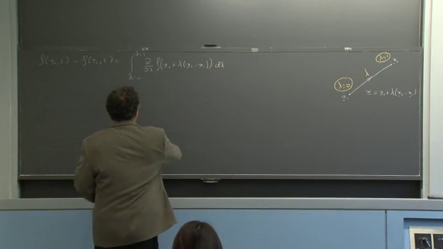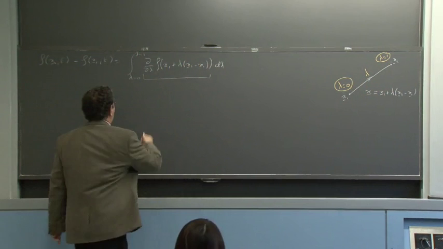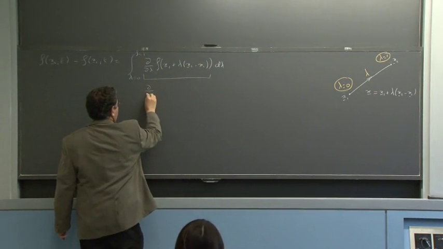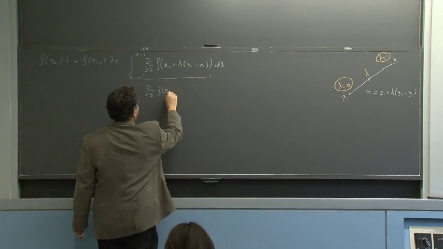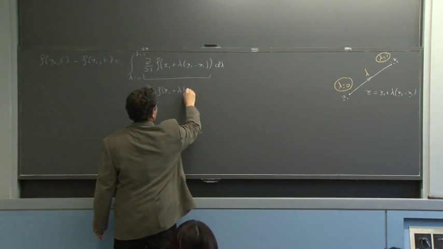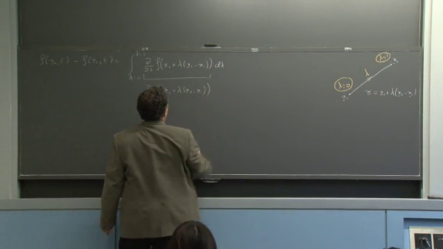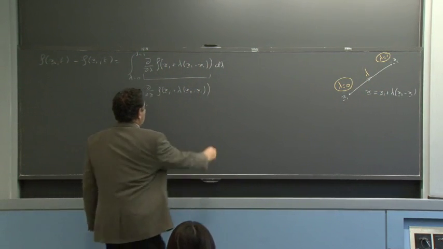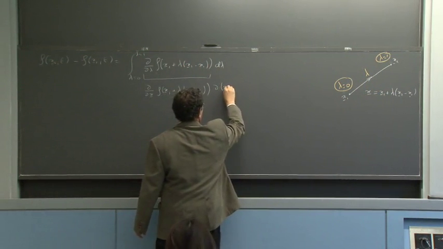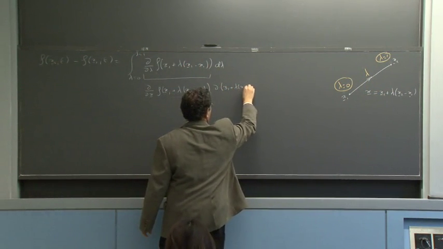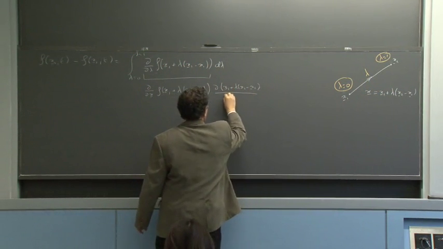Now, this quantity, we can just use the chain rule to write it as d over dx of f at x1 plus lambda times x2 minus x1, times d of this thing, x1 plus lambda times x2 minus x1, over d lambda.